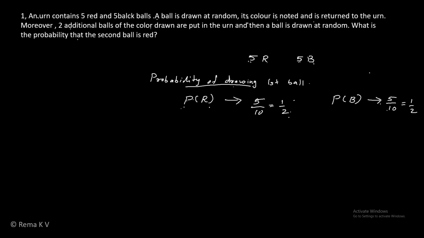And now its color is noted and it is returned to the urn along with 2 additional balls of the same color. So if the first ball is red, 2 more red balls are placed in the urn.